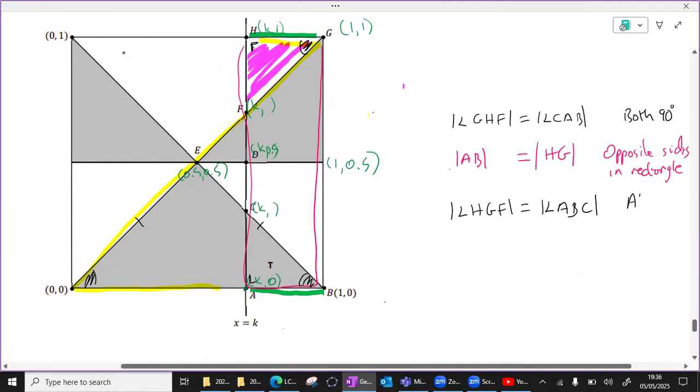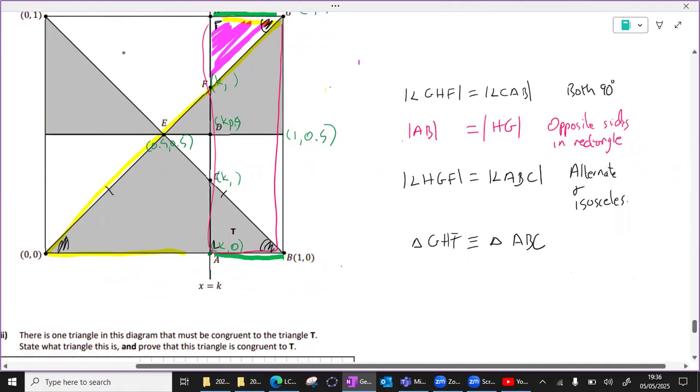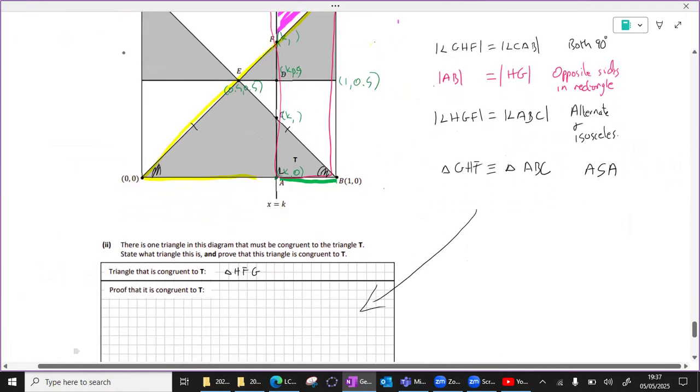And the reason for that was the alternate and isosceles. Now that's us done then, because we have now shown that the triangle GHF is congruent to the triangle ABC, and we've proven it by angle, side, angle. So that is the congruency part done. So that's that bit there.